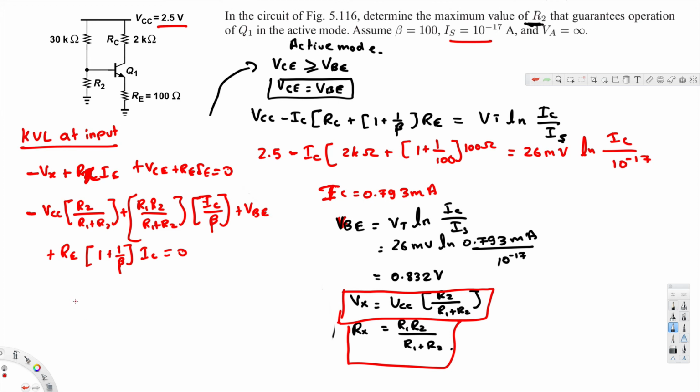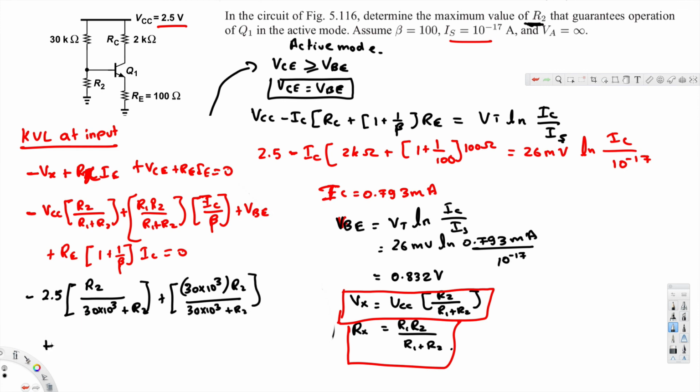Now let's go ahead and plug all the values. We have VCC, that is negative, 2.5 volts, times R2, we keep the R2 as it is, that's what we are trying to find, and R1 is 30 times 10 to the power of 3 plus R2, plus R1, 30 times 10 to the power of 3, times R2 divided by 30 times 10 to the power of 3 plus R2, times 1 over 100 times 0.793 times 10 to the power of minus 3, plus 0.832 plus 100 times 1.01 times 0.793 times 10 to the power of minus 3.